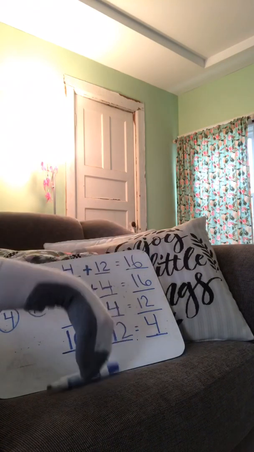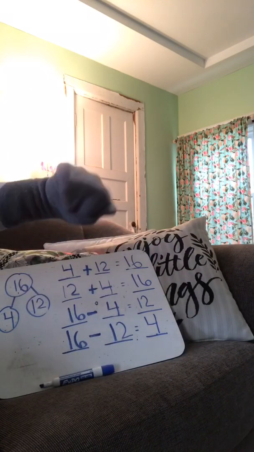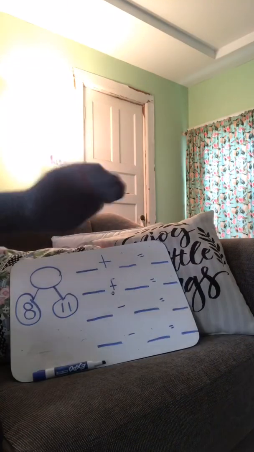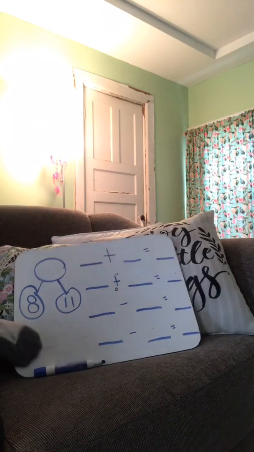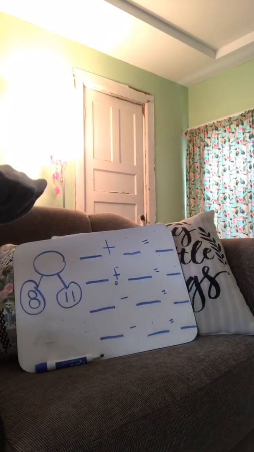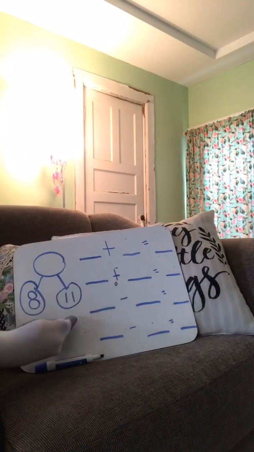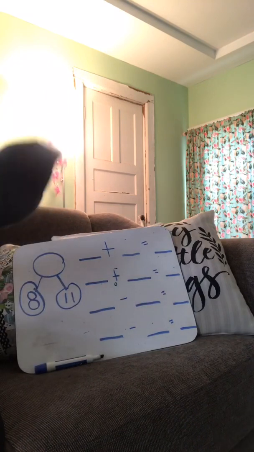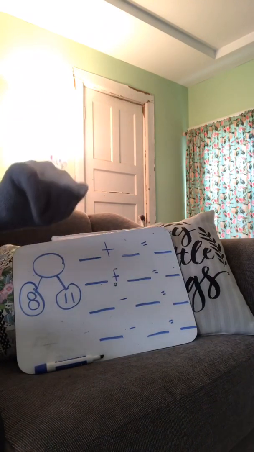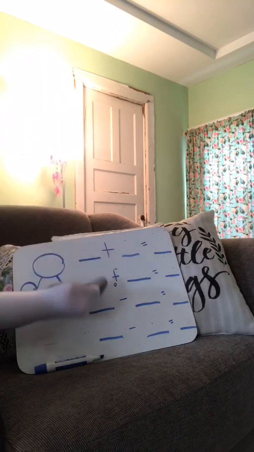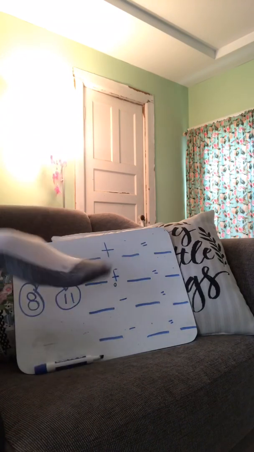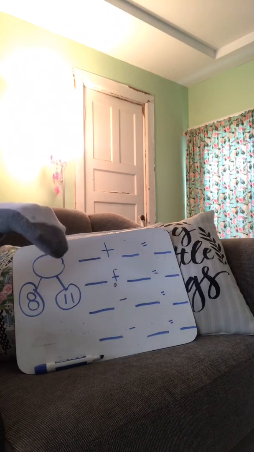Let's give you your challenge for today. Okay, friends, here is your challenge for today. In the number bond, I gave you 2 parts, 8 and 11, but you don't have the total yet. You will need to solve for the total and fill in our 4 equations for our fact family.